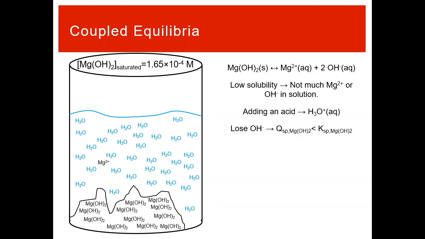And now I have a Q that is too low. I'm not in equilibrium. I can see that I have no dissolved hydroxides, right? There's no dissolved hydroxides as it stands. So I have to have more dissolving. I have to get more hydroxide out into solution.